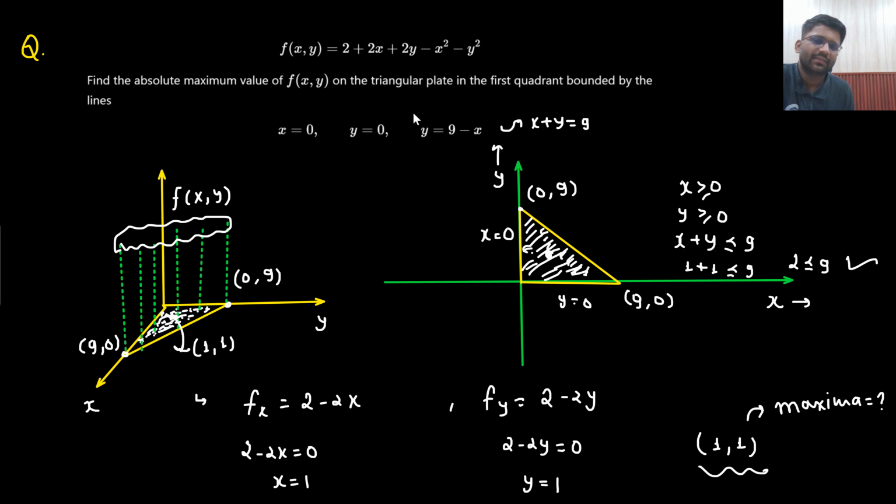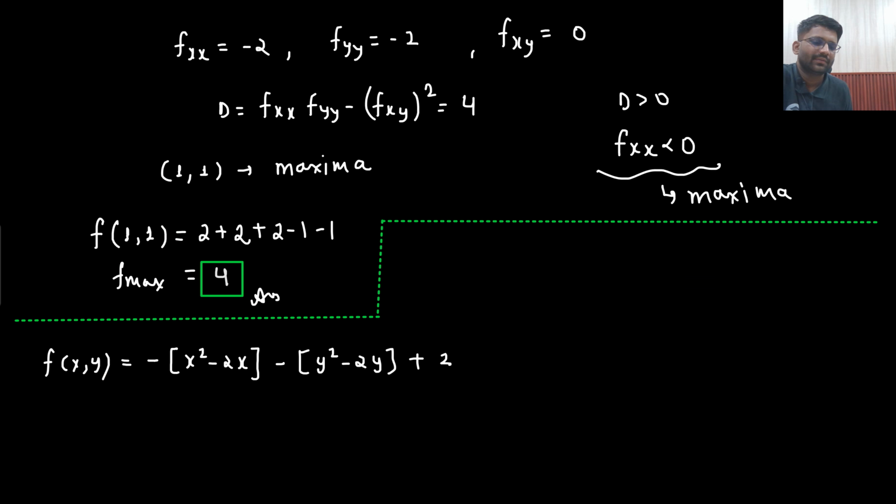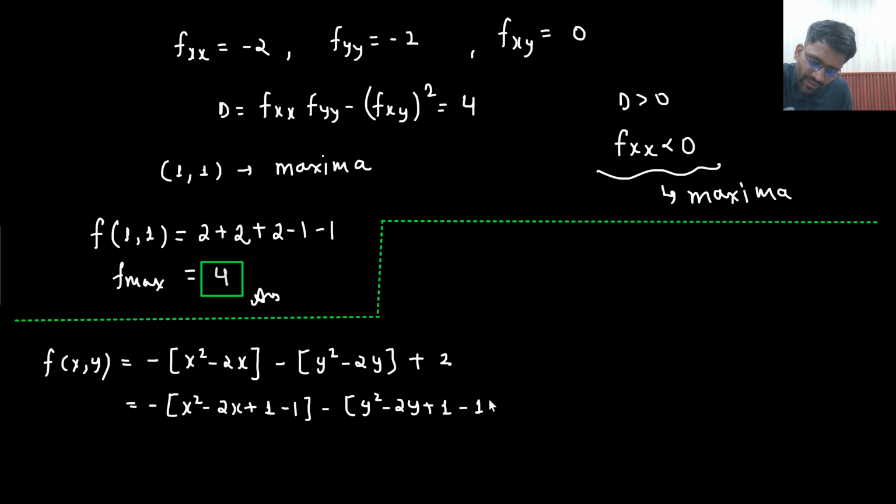Is that correct? Right? The same way, I can think that it could be written as minus (x square plus 2x plus 1 minus 1), minus (y square minus 2y plus 1 minus 1), plus 2. So what you are getting here, and along with that, I have added and subtracted 1.